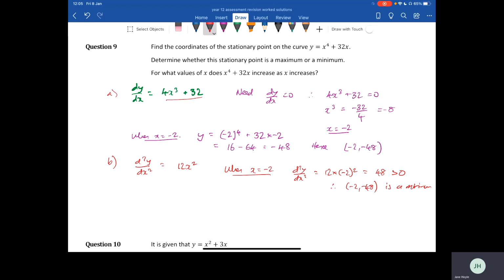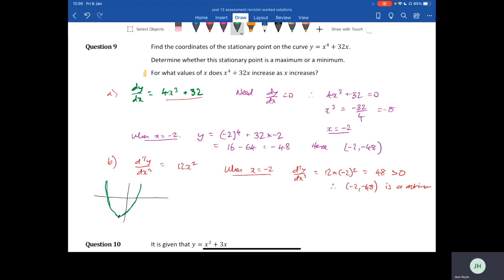And then this, often people don't like these questions, but you just need to think, maybe do a sketch as well. What does this mean? What is going on here? So I know that this curve has got a minimum at -2, -48. Obviously the x and y axes aren't the same scale, so I'll just represent it like this. You, of course, can just sketch this on your graphical calculator.